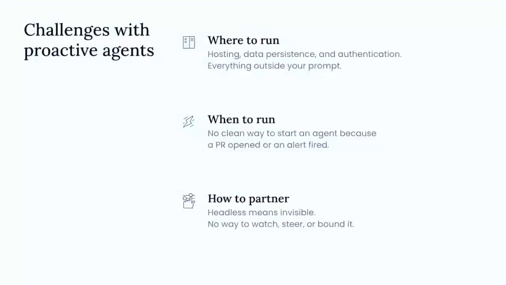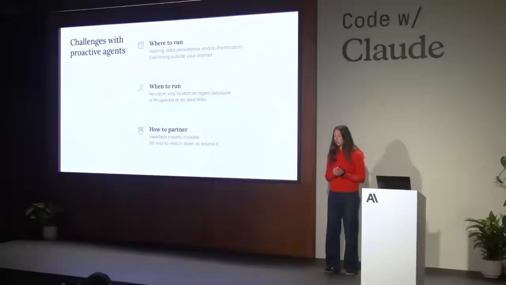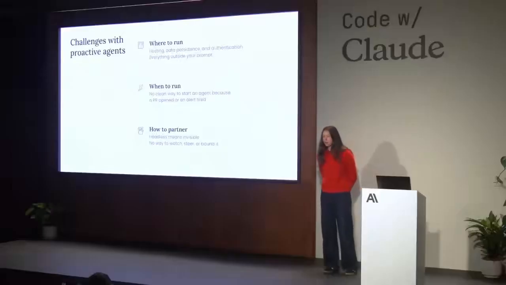So I want to talk first through the challenges with building proactive agents today. We all know it's doable, but I want to talk about what's a little bit cumbersome with this. The first thing that's a little bit difficult is deciding where these agents should run.